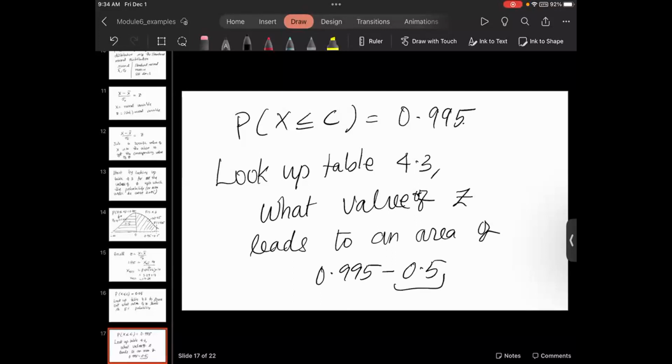But again, don't take this as advice for all the time. You have to be careful. That's why I'm asking you to draw the diagram. So this is 0.495. So look up the table and tell me what value of Z gets you approximately 0.495.